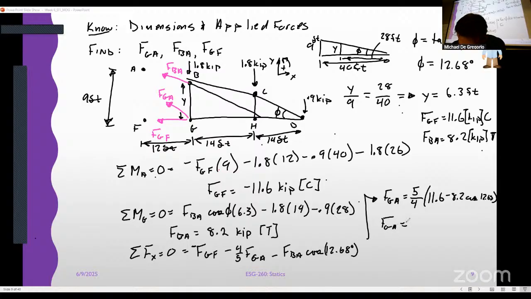FGA is equal to 4.5 kip tension. You can check it if you want, if you use some of the forces in the y direction or another moment, you can double check and see if all the things check. Was not asked to do that, but it was available.